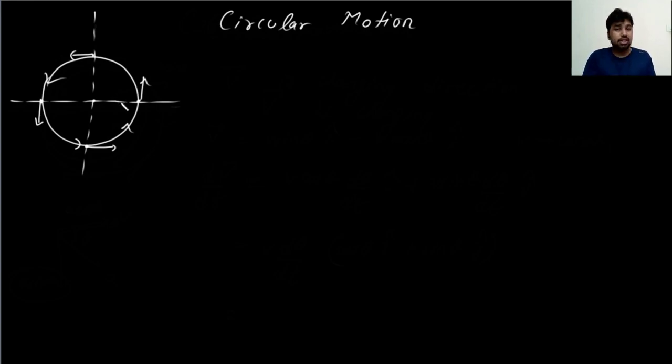Now we define velocity as a vector quantity. Because the direction is changing, we say that the v vector is changing. For a particle which is moving in a circle, let's say the circle has radius r, the velocity vector is changing.